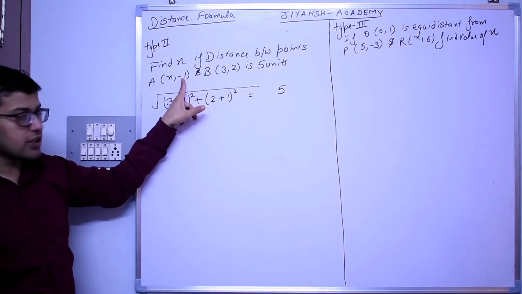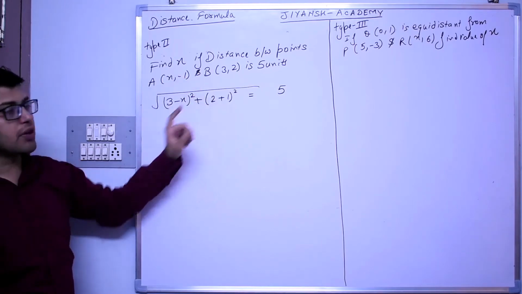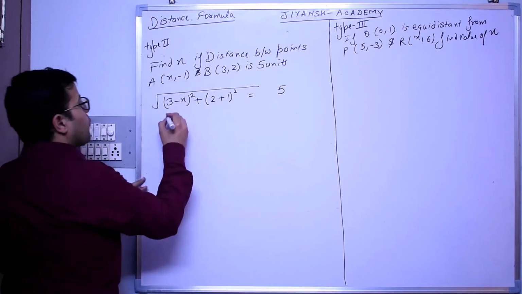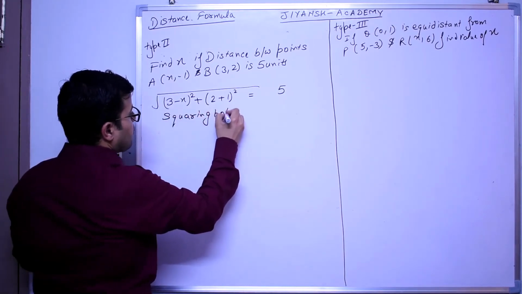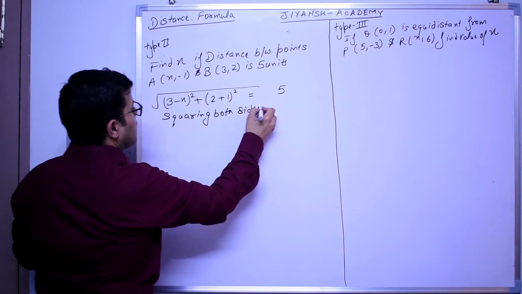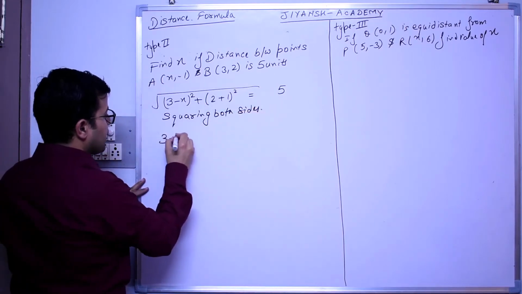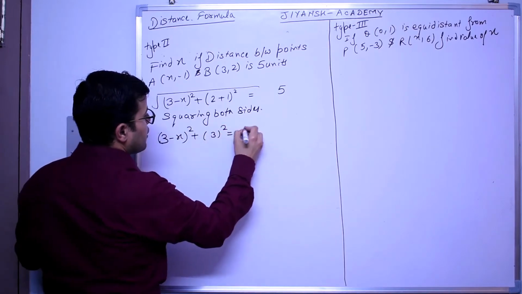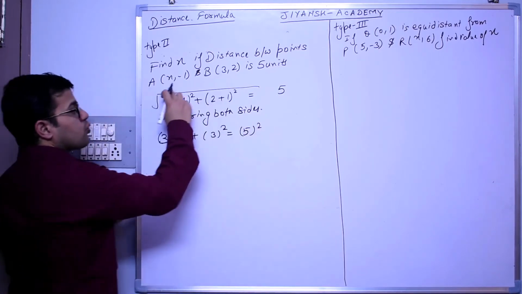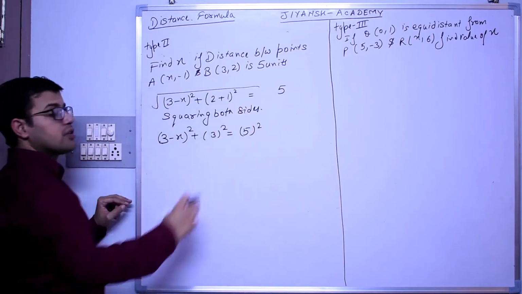Since it is minus 1 over there, this minus into minus will be converted to plus. Now what I'll do is, I'll square both sides. Now this will give me 3 minus x whole square plus 3 whole square equals 5 whole square. Now the root will go away because I have squared it.